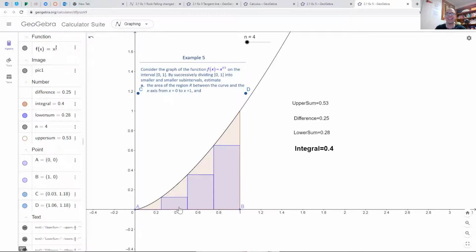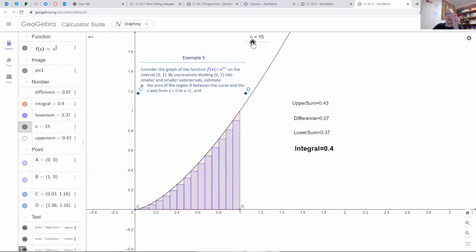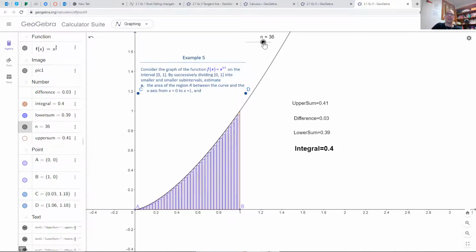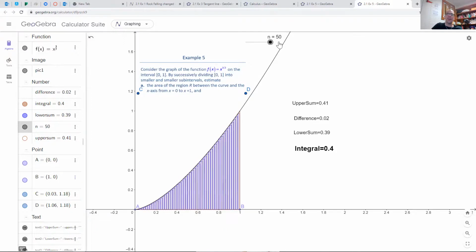And the idea again is that as we increase the number of rectangles from something small, which, you know, using one rectangle here is a pretty awful estimate of how much area is actually underneath that graph. But if we continue subdividing that interval into smaller and smaller delta x values, so difference in the x's, we get a better and better estimate.